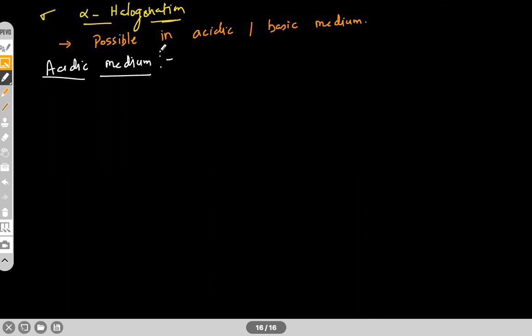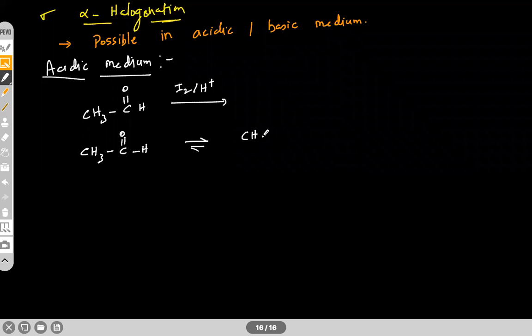In acidic medium, whenever you have an aldehyde or ketone, halogenation, suppose I2 in presence of acid H+. So what we do, we always consider the enol form of this molecule. Like this is a molecule given. So we'll write down the enol form of it. CH3 C double bond O H, and the enol form of this is CH2 double bond C OH.